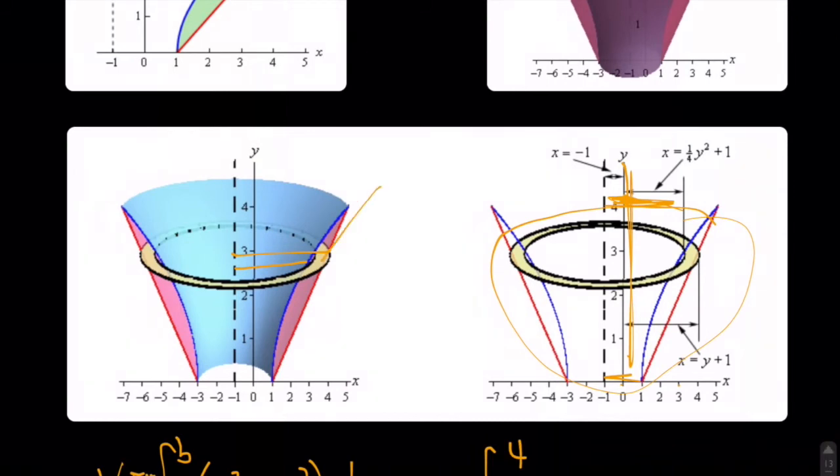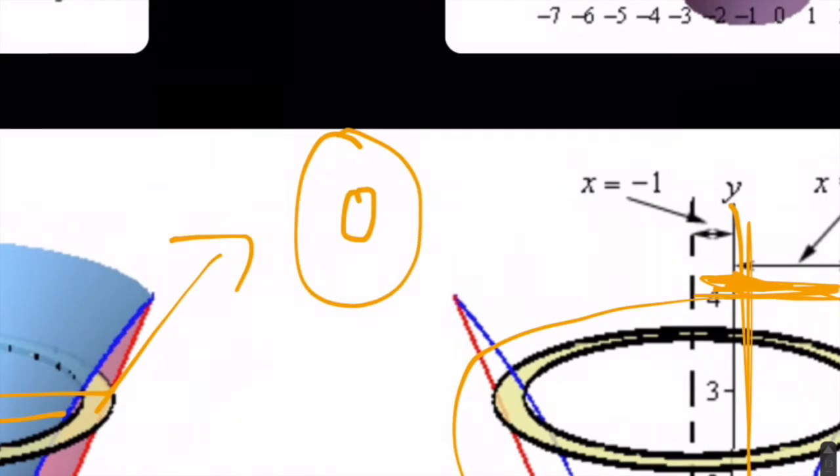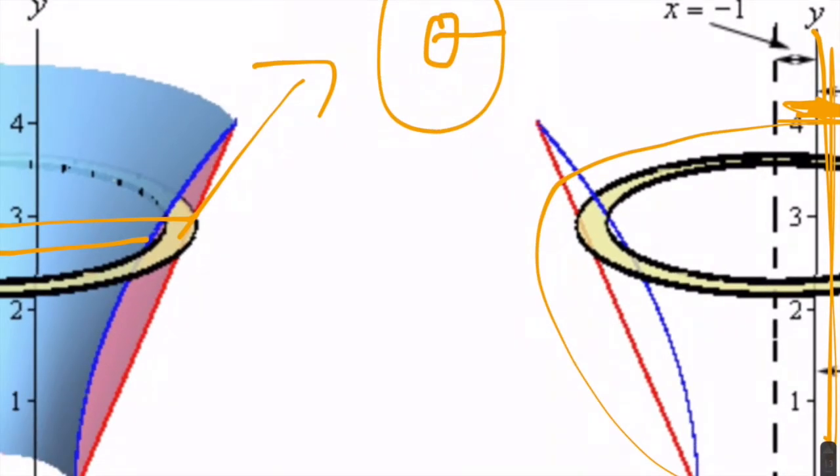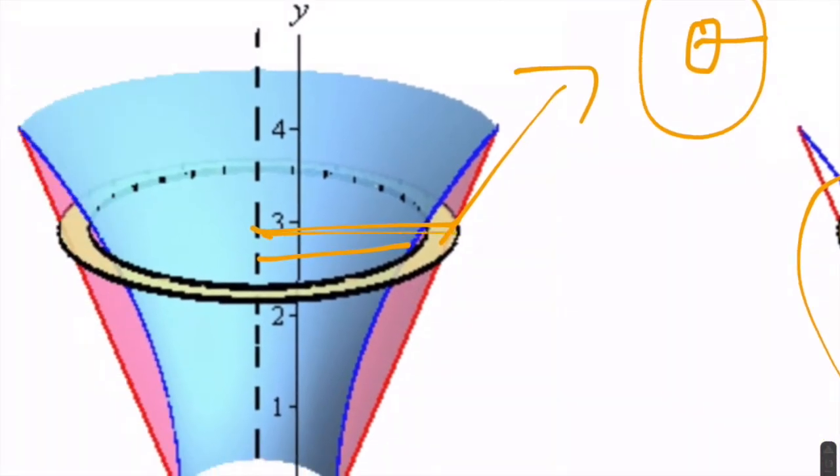So if we look at this disk from the top perspective, we can see that the big radius right here would equal the x value at this red function, which can be represented by x of r, and let me actually change this to the red color, x of r plus 1, because as we can see, we have to add this extra 1 because of the axis being shifted over left by 1.